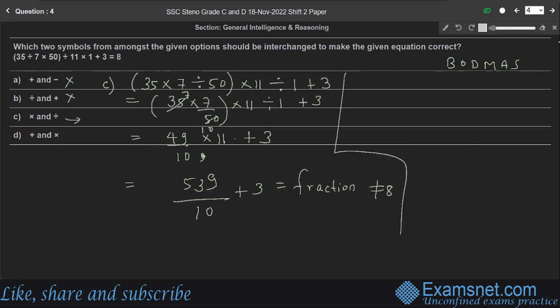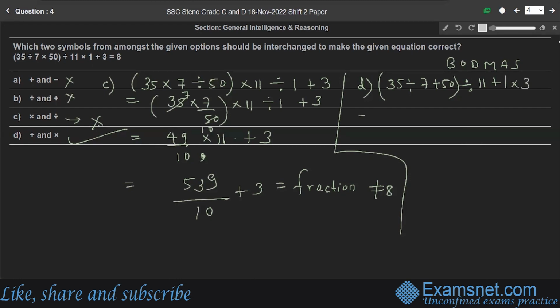Next comes option D. So option C doesn't satisfy the equation. Hence option D is the right answer. You will go for option D, interchange plus and into. So 35 divided by 7 into 50 becomes plus 50 divided by 11 into 1 becomes plus 1 plus 3 becomes into 3.